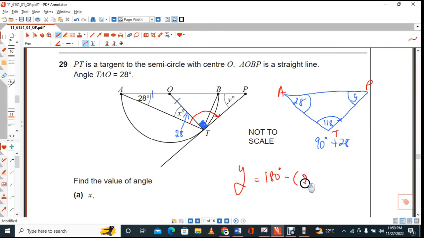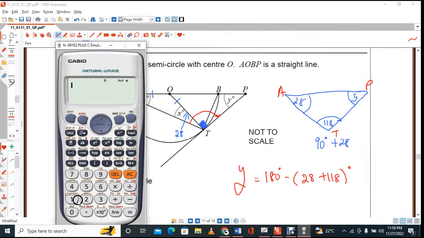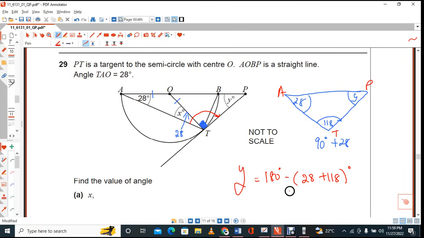If I take away the 28 and the 118, that should give me what angle Y is equal to. So 180 degrees minus the sum of 28 plus 118 is 34 degrees. So my Y is equal to 34 degrees.